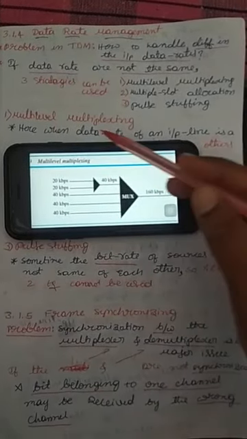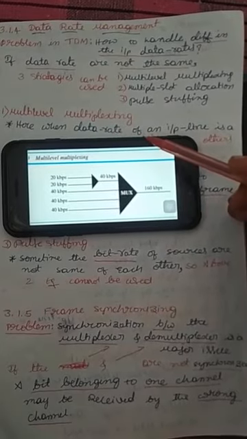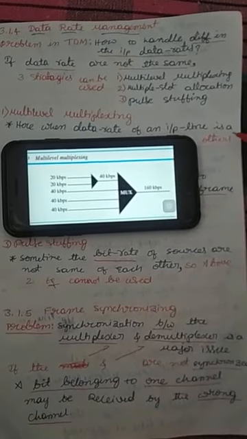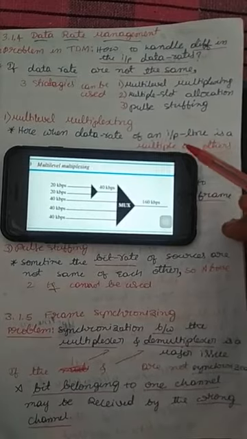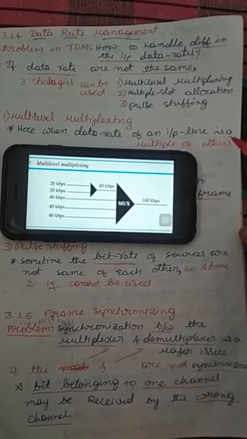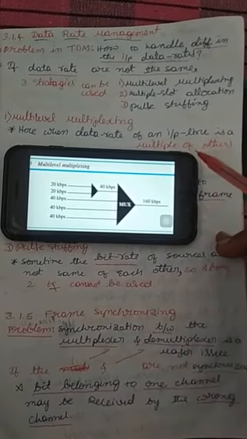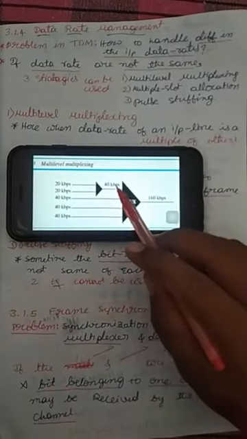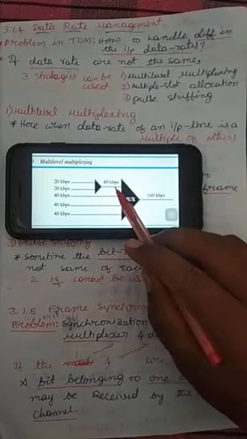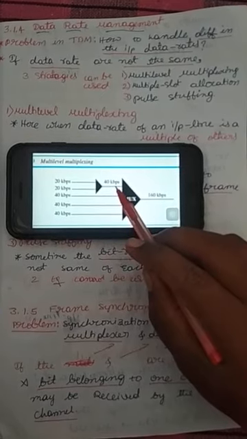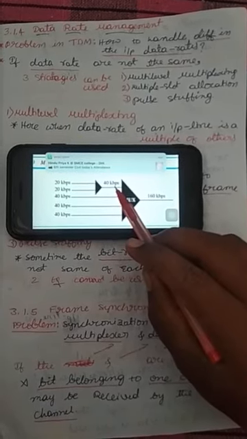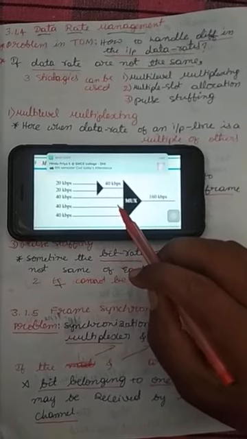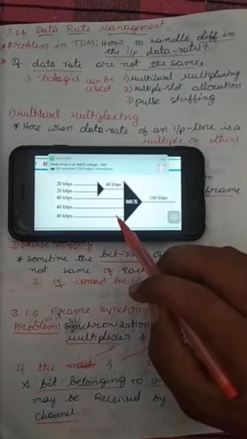Here, when the data rate of an input line is a multiple of the others, you can see this is one input line, this is one input line, this is one input line, this is one input line.